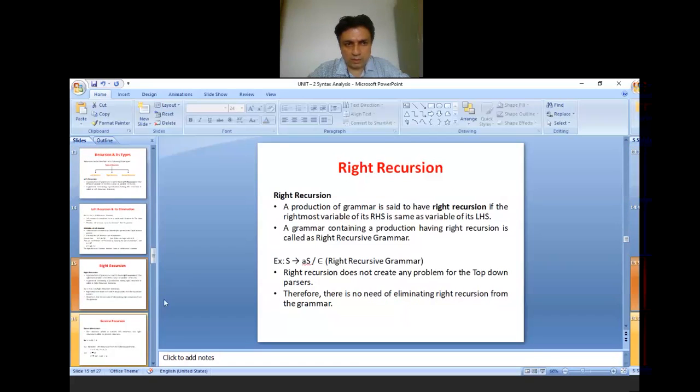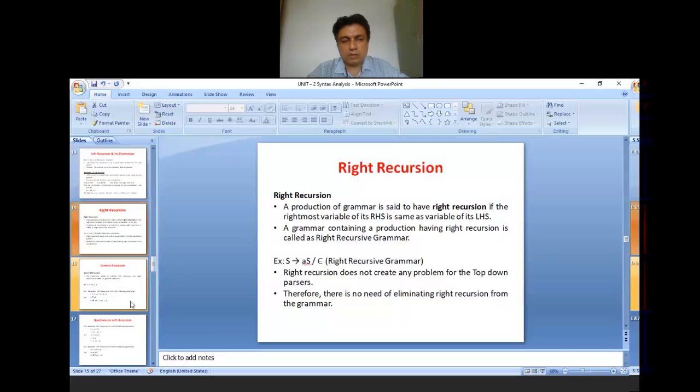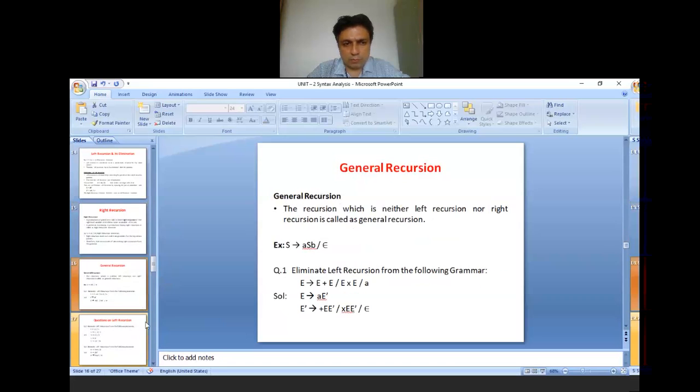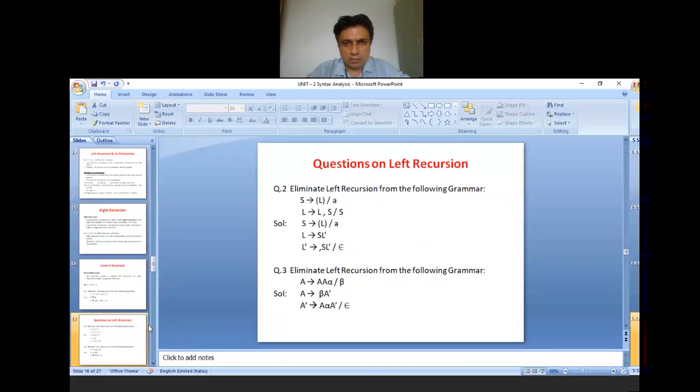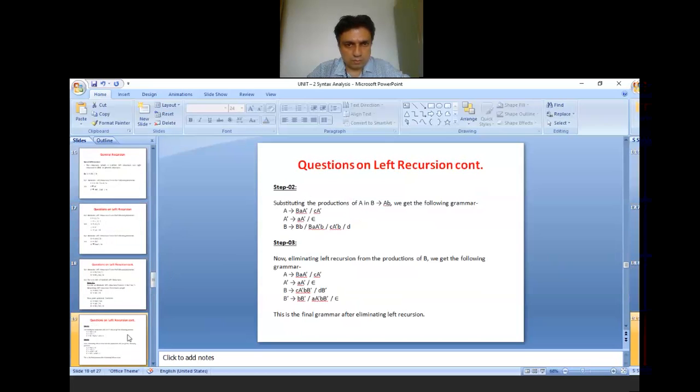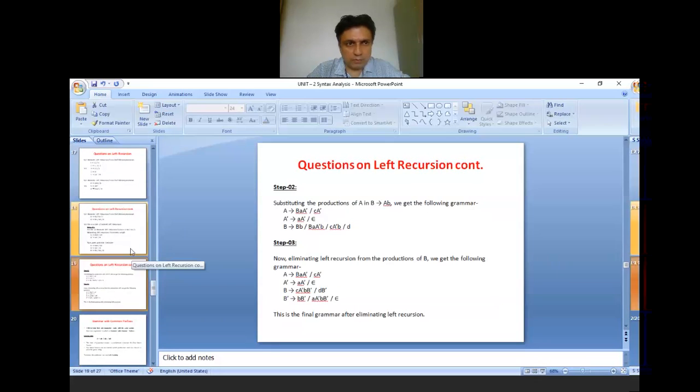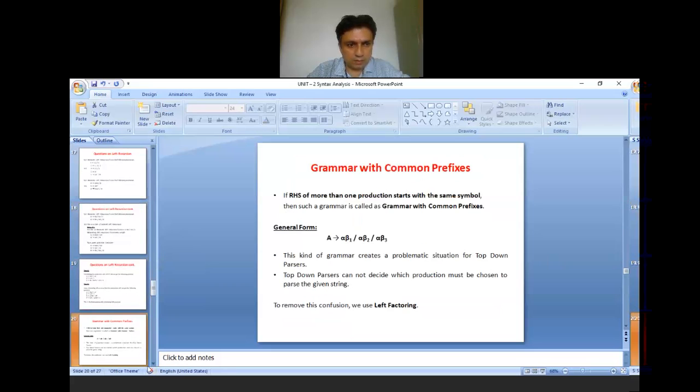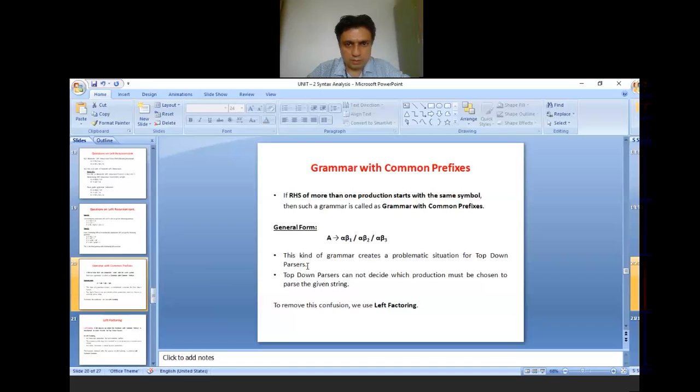I already discussed some questions on elimination of left recursion, and gave you two assignment questions related to it. In today's class we are going to start with a very important topic, known as left factoring. All of you see this slide.